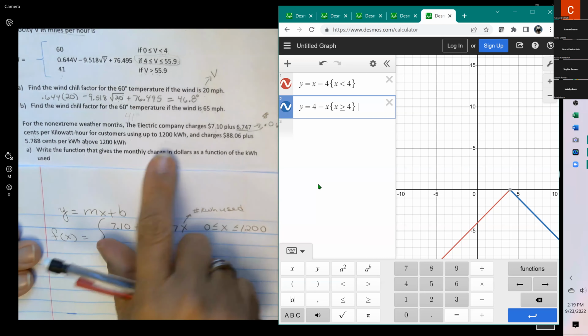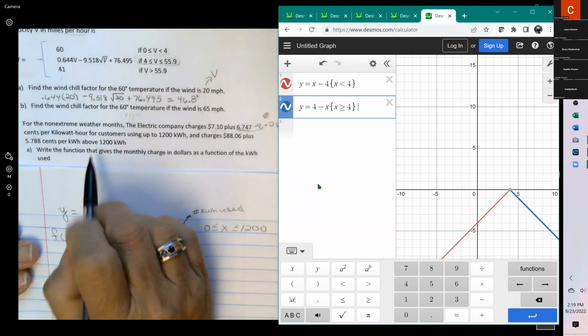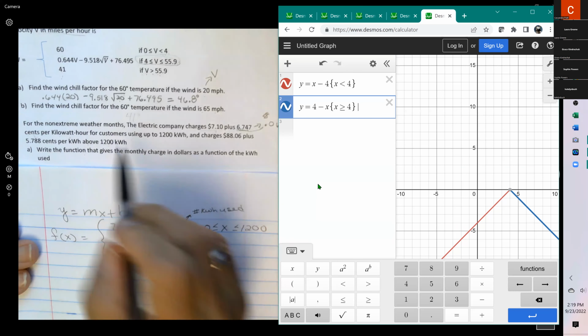Okay, go ahead and write the second equation when we're above 1,200.